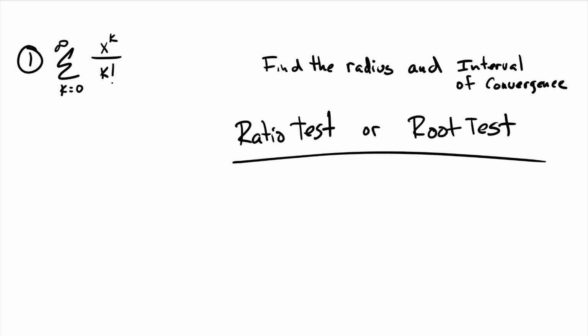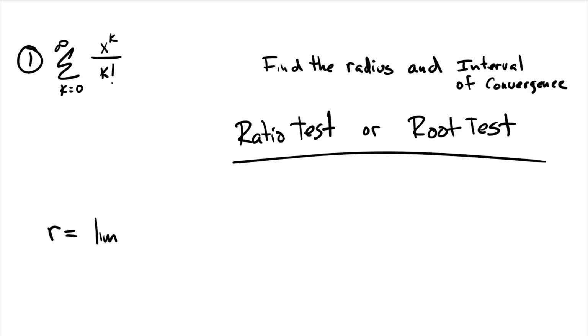Well, there's a factorial in there, so let's go with ratio. Let's set this thing up. Remember this little r? Not the same thing as big R, by the way. What is that?